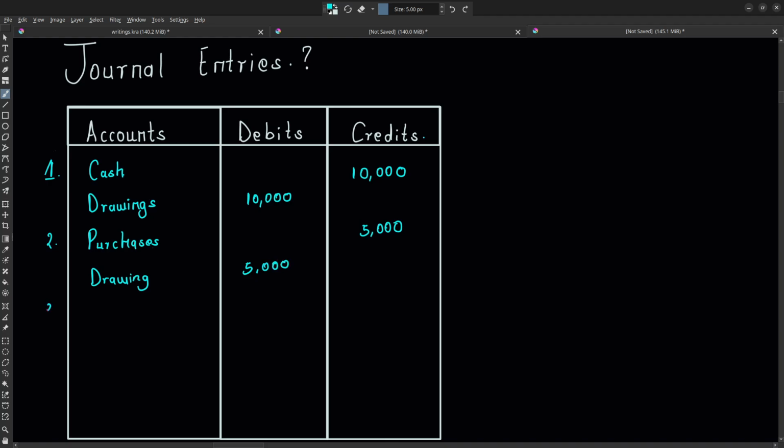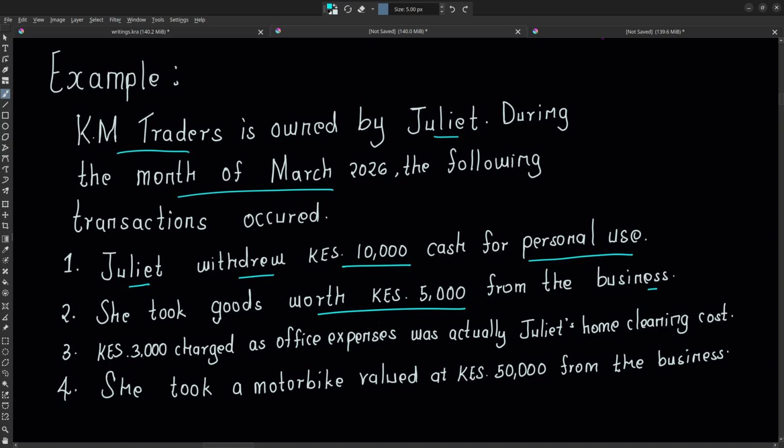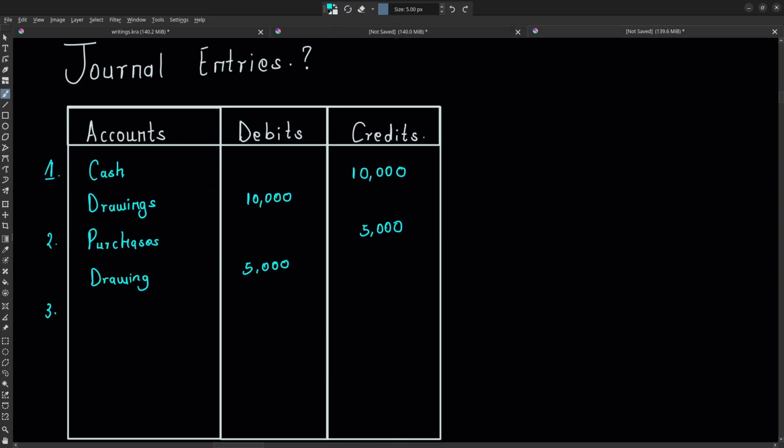Okay, now let us look at the third transaction. Kenyan shillings 3,000 charged as office expense was actually Juliet's home cleaning cost. So we had an office expense charged to the business already and paid. That is not a business expense.